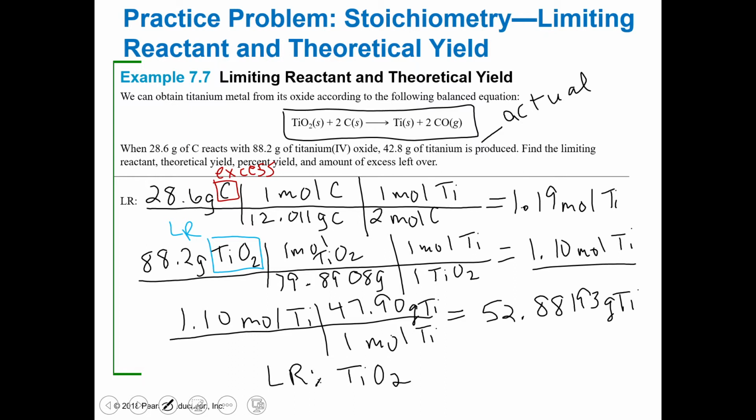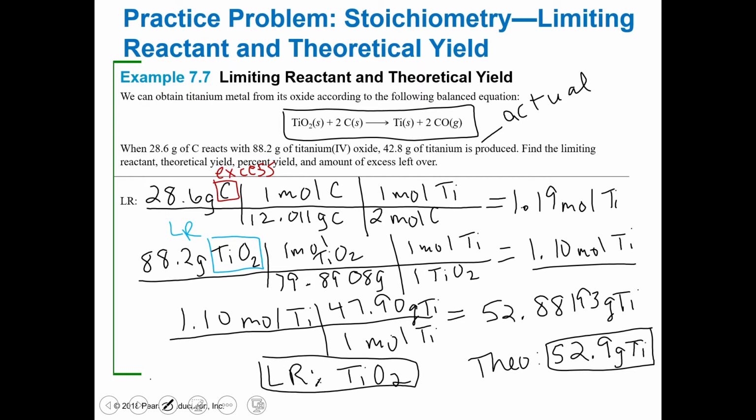And our theoretical yield, we found it is 52.9 grams. With our correct sig figs, these are our answers: the limiting reactant and the theoretical yield.